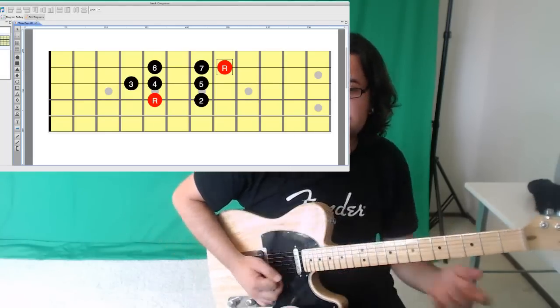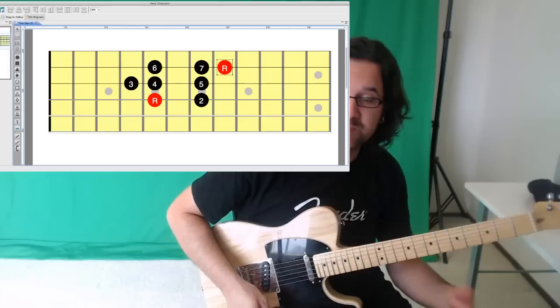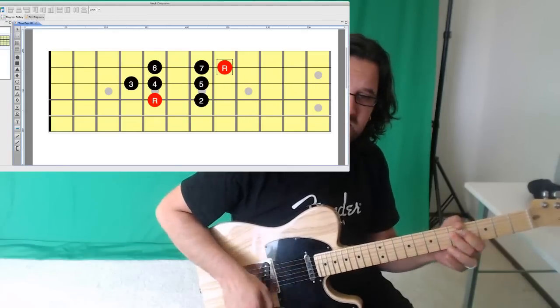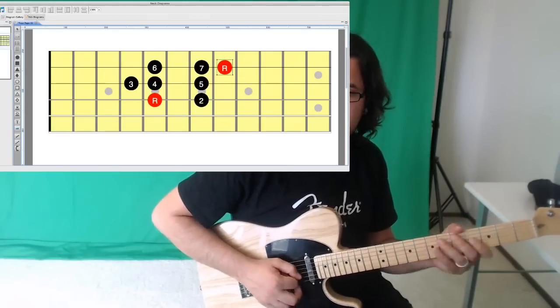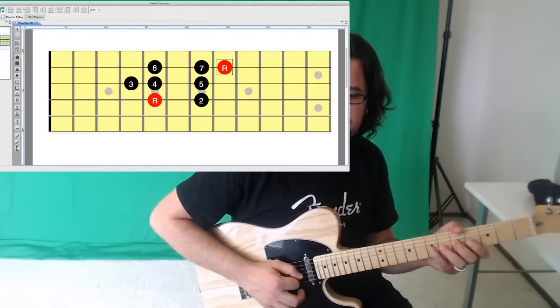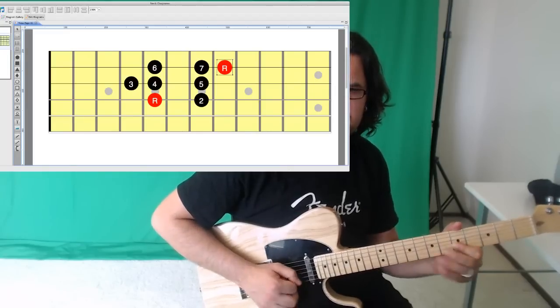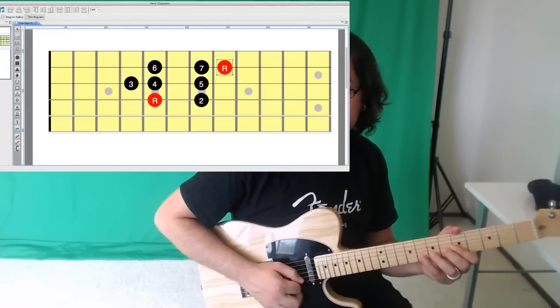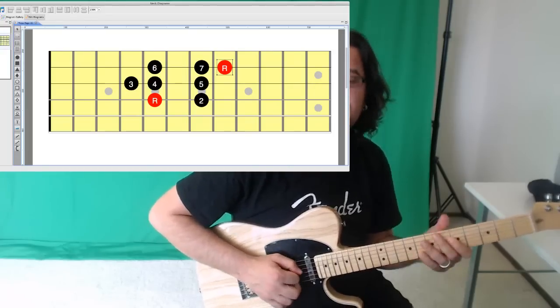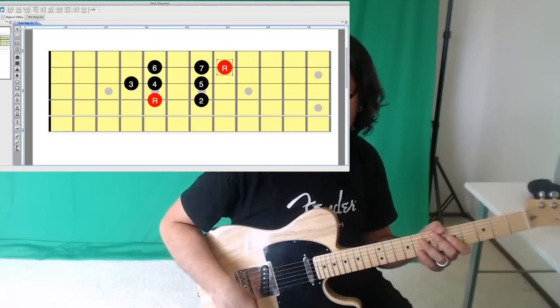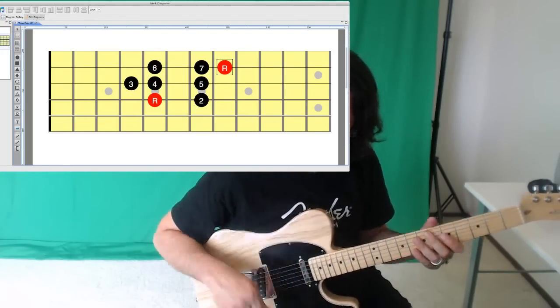So you just need to learn a new reference shape, and then from that reference shape, root, major 2nd, major 3rd, perfect 4th, perfect 5th, major 6th, major 7th, and octave, you can deduce all the minor intervals, the diminished intervals, the augmented intervals, and so forth.